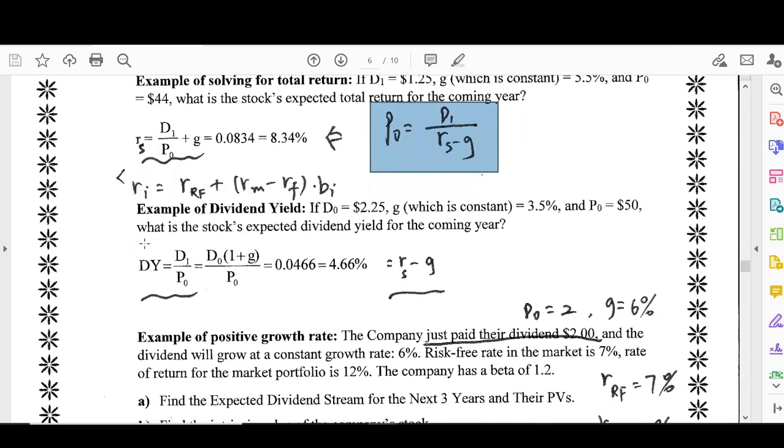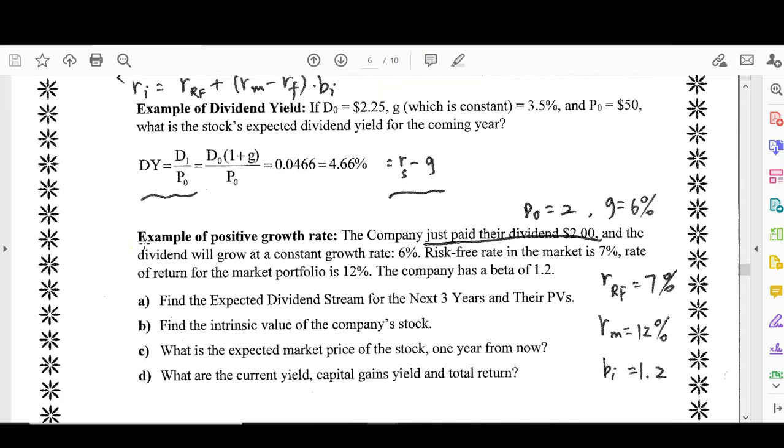Another example. What if we know D0 as 2.25, G as 3.5%, P0 as 50? What is the dividend yield? We know this is a constant growth model setting, so the dividend yield, D1 over P0, is actually RS minus G. It is also D0 multiplied by 1 plus G over P0.